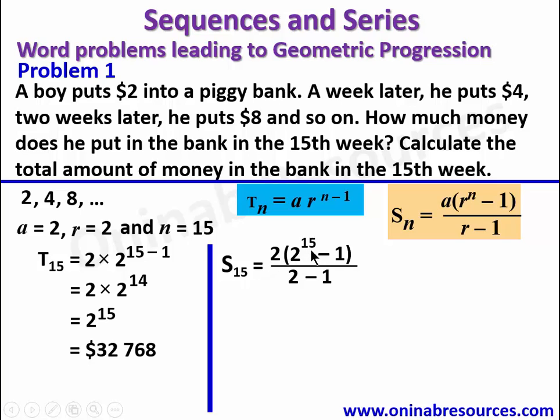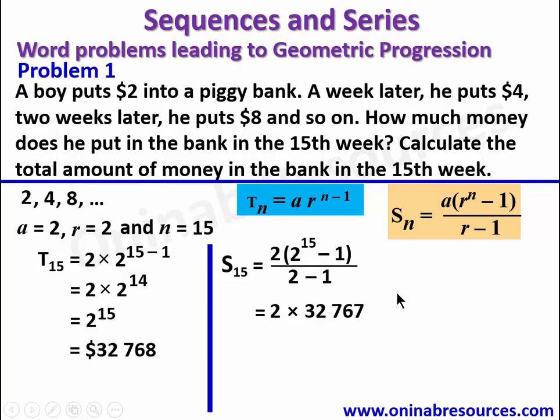So that we will now have it as 2, since 2 raised to the power 15 gives 32,768, then minus 1 will give us 32,767, then over 1.